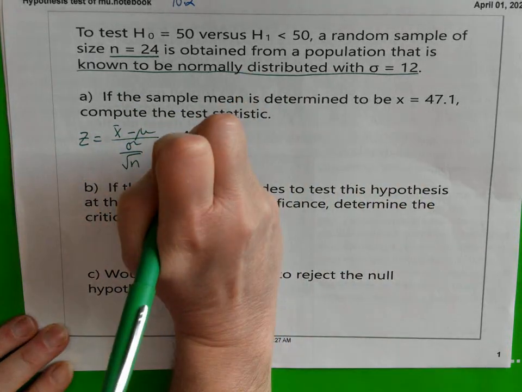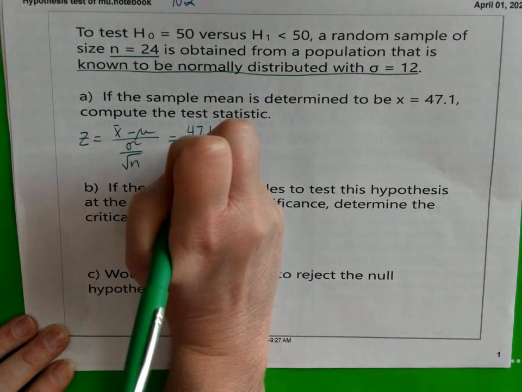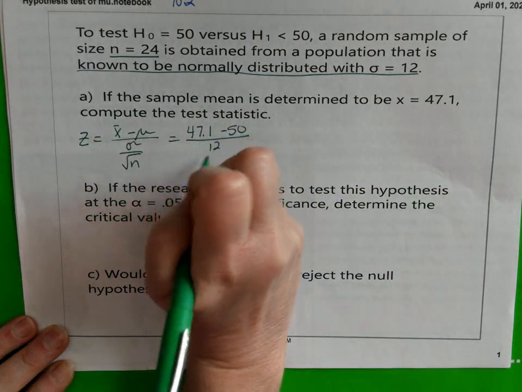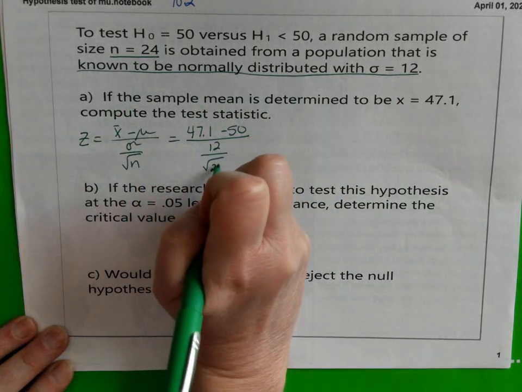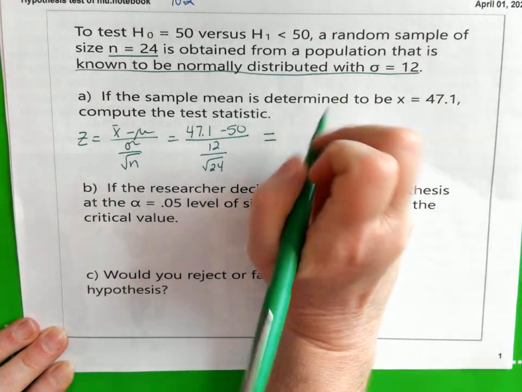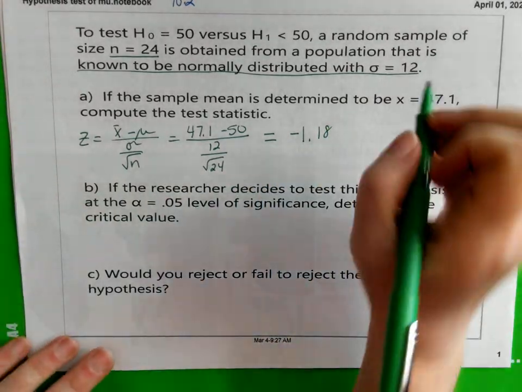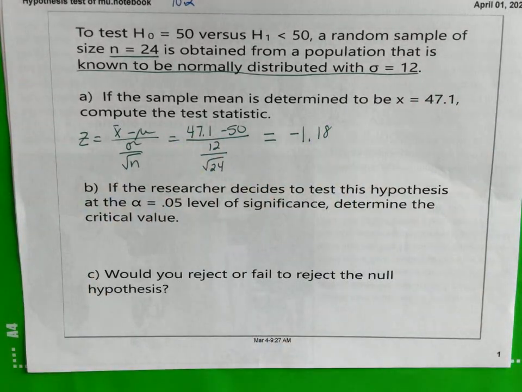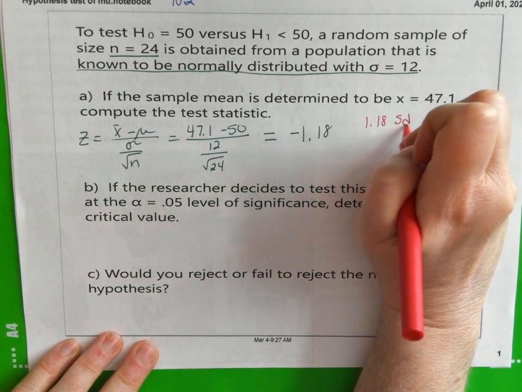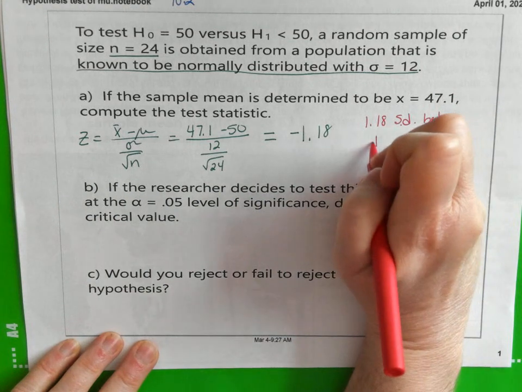Plugging in the numbers I know, that's 47.1 minus 50 divided by sigma's 12 divided by the square root of 24. And that, once I did my math, turned out to be negative 1.18. So I am 1.18 standard deviations below the mean.